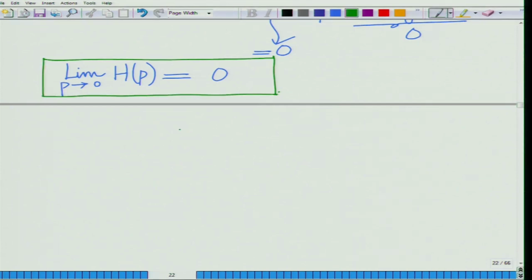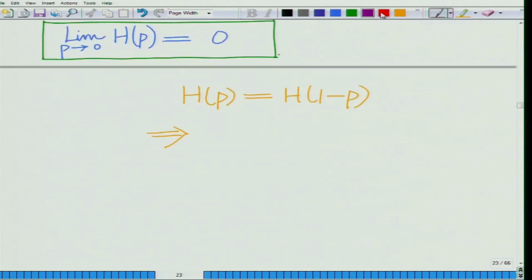Similarly, we have h of p equals h of 1 minus p. We use the property h of p equals h of 1 minus p, from which it now follows that the limit as p tends to 1, correct.